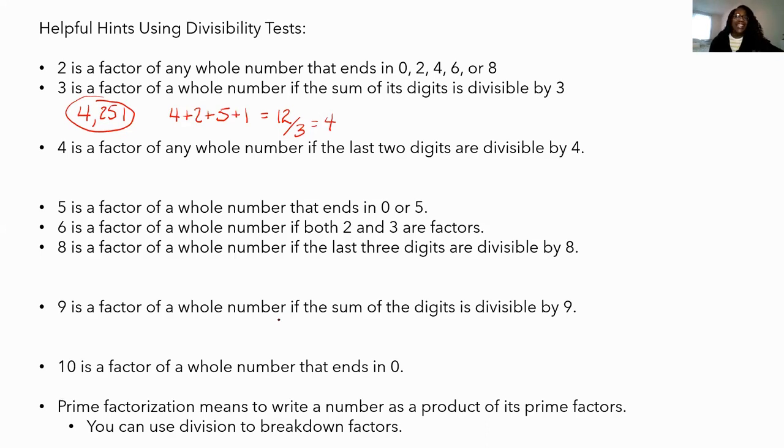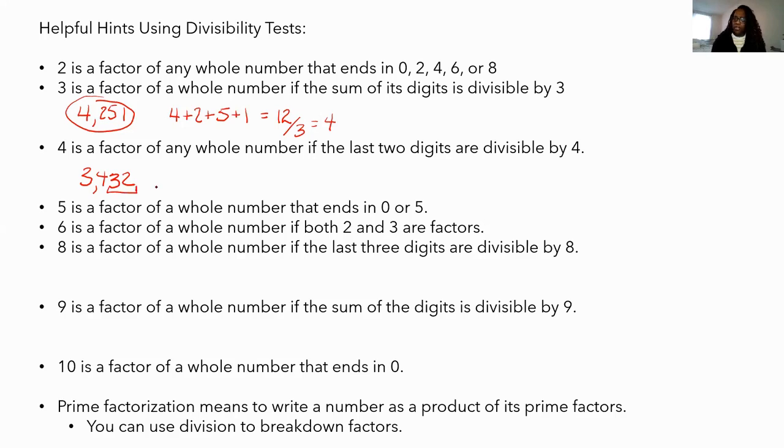All right. So 4, now we're going to take out 4. So 4 is a factor of any number if the last 2 digits are divisible by 4. So if I do, let's say 3,432, okay? So we're not looking at the whole entire number. We're going to look at the last 2 digits, the 32.